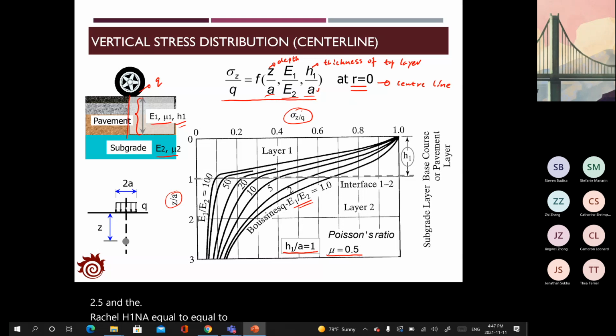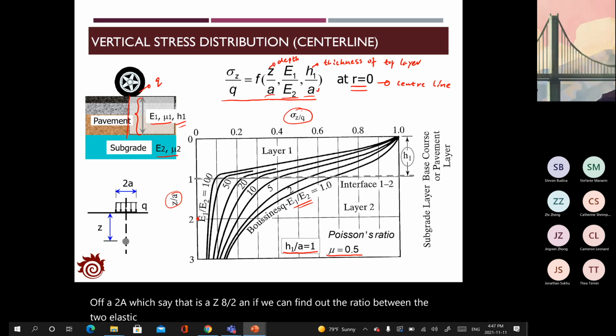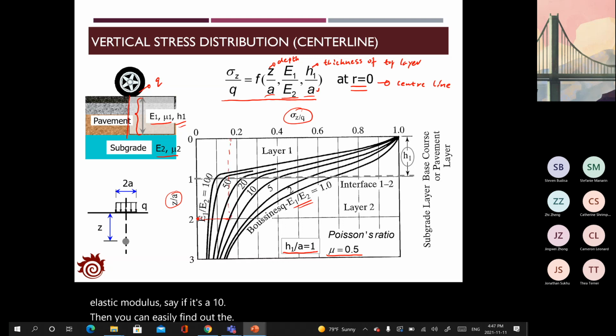Say that if we have the depth of 2A, which is Z over A equal to 2, and if we find the ratio between the two elastic moduli, say it's 10, then you can easily find out the ratio of sigma z and q will be around 0.117, something like that.